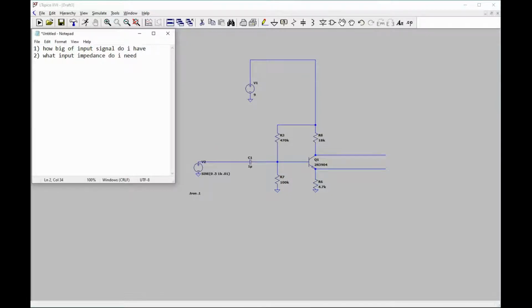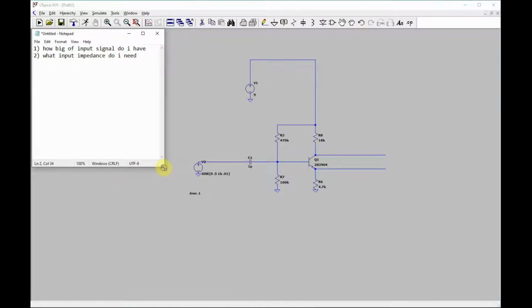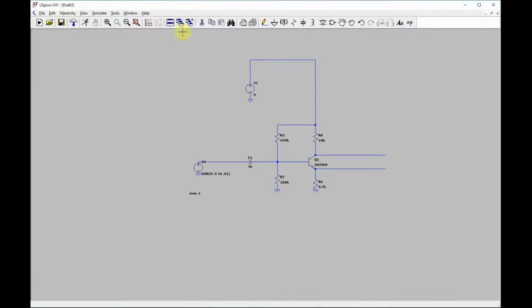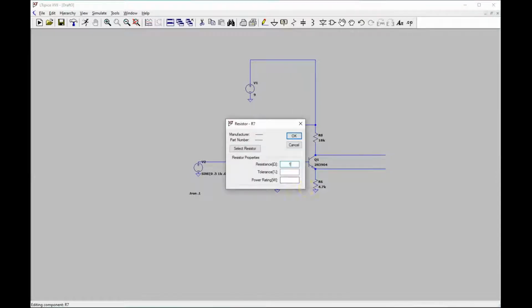And here's something else that, again, people don't really say, but depending on how you design them, this is usually true. So let's say I need, I don't know, 100K input impedance. The way you're going to figure that out in most amplifiers is the following. You look at this resistor here, the lower biasing resistor, and if you need 100K, you go one step up in the E series.